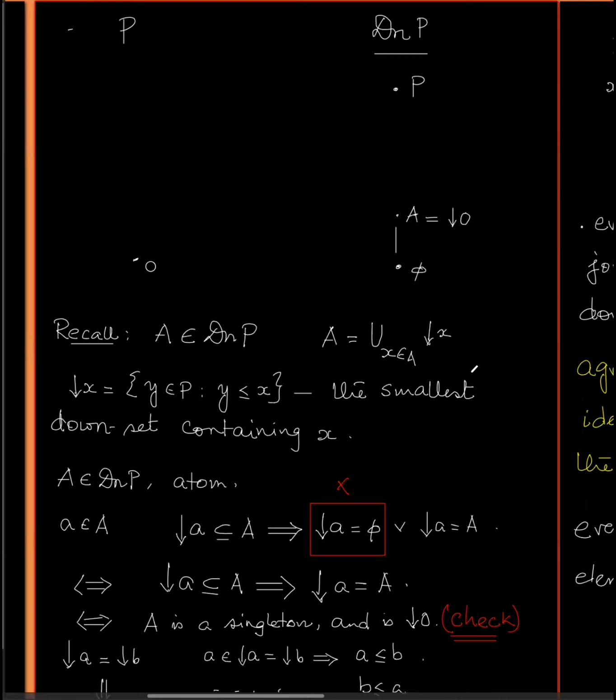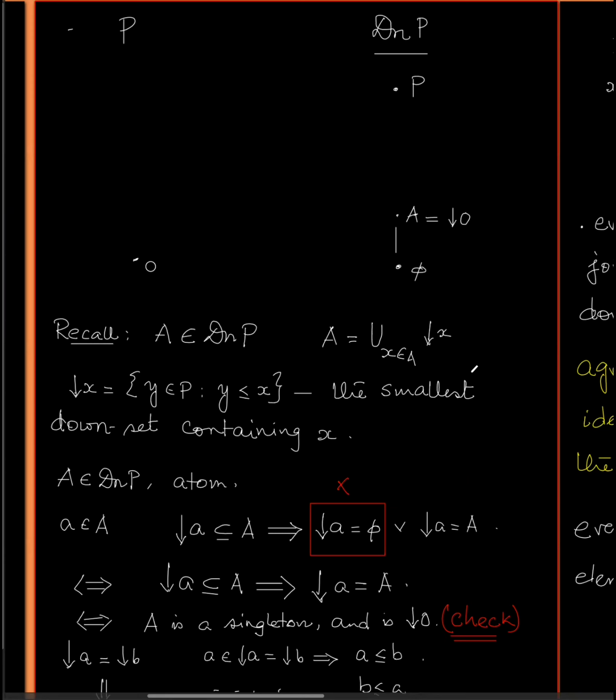On the other hand, if we were in sets, we would be thinking of the smallest set containing an element. But then we know that smallest set is an atom. But here it is no more an atom. Here it is something else, right?